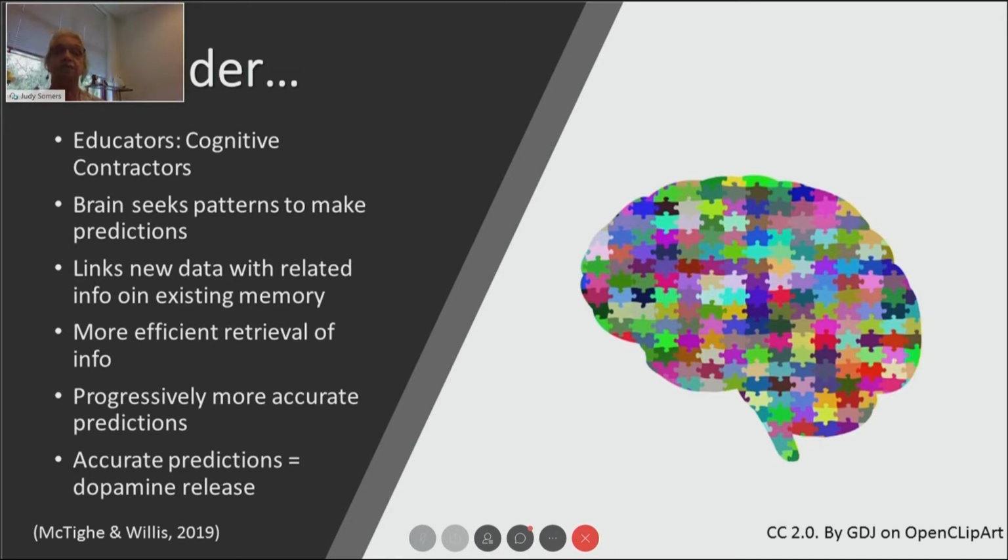I know that the brain seeks patterns. I hadn't made the connection with the importance of making those predictions, and we'll get to that in just a moment. So the way it does that, as new data comes in, it goes through all of the things that are stored in order to see where it can connect that new data.